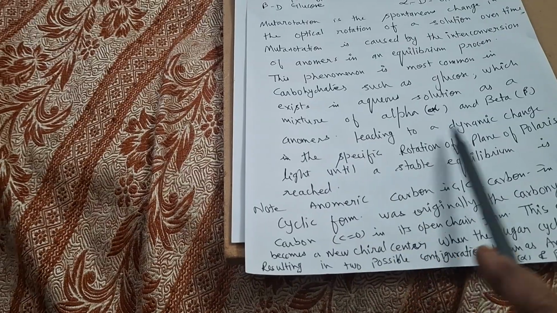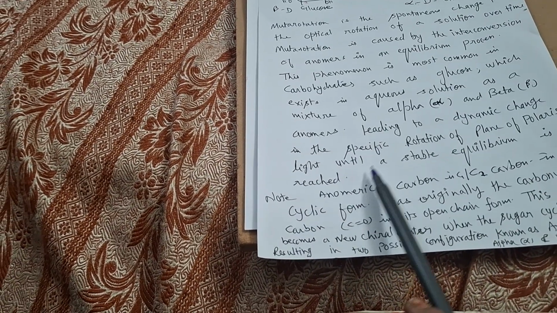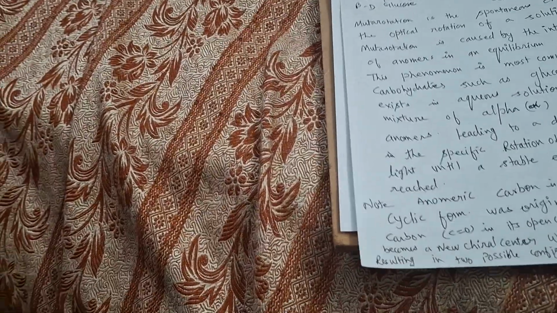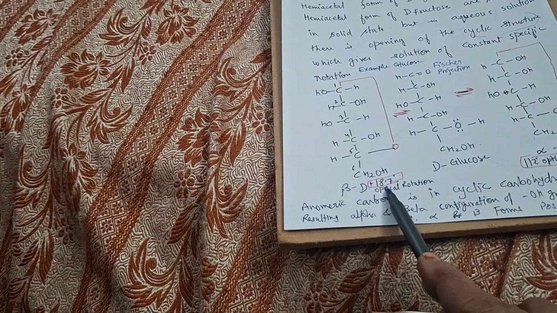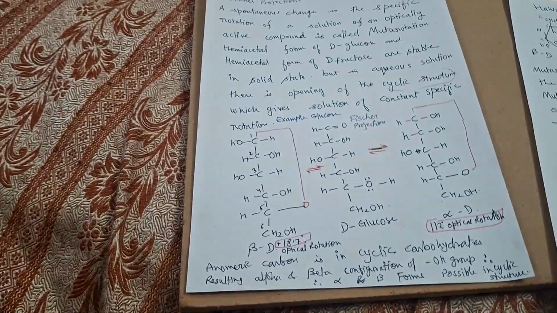The anomers lead to a dynamic change in the specific rotation of plane polarized light until stable equilibrium is reached. What does it mean? See the angle here, 112, here plus 18.7, and at dynamic equilibrium both angles will remain equal. Then we call it dynamic equilibrium.